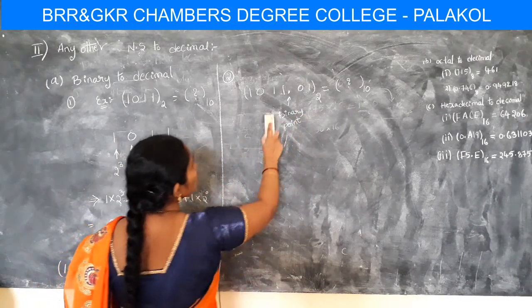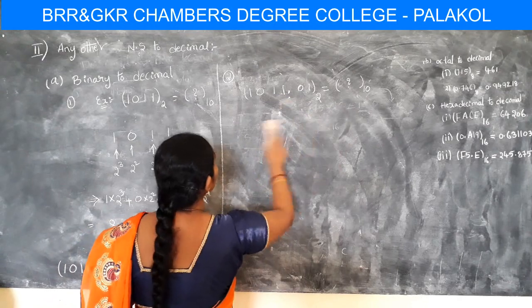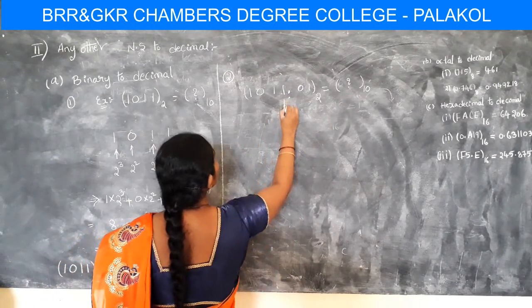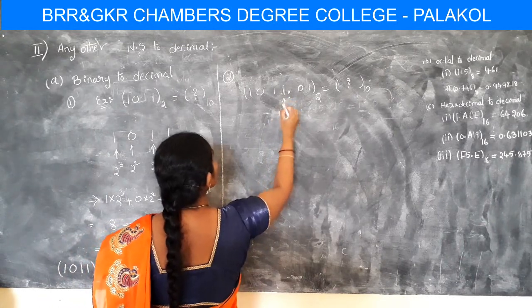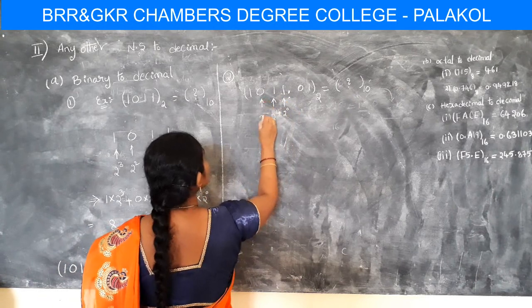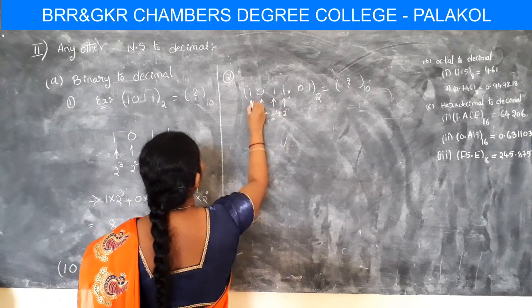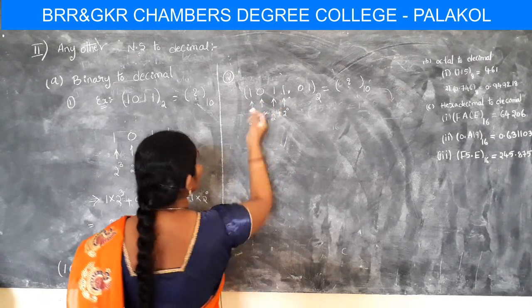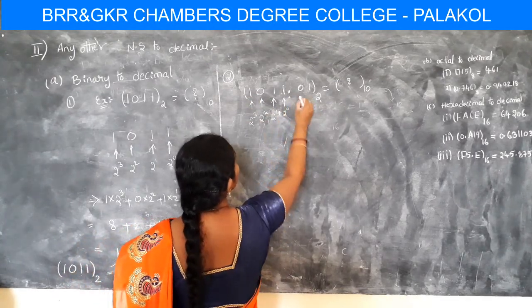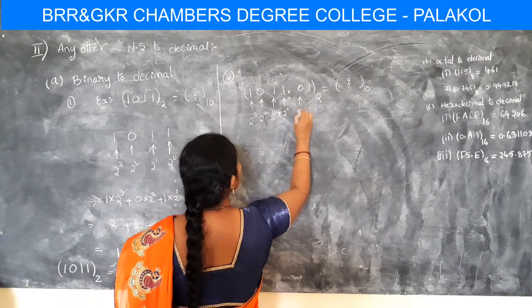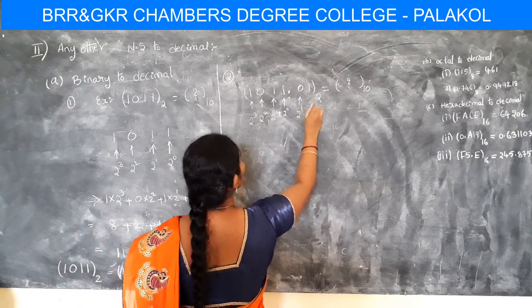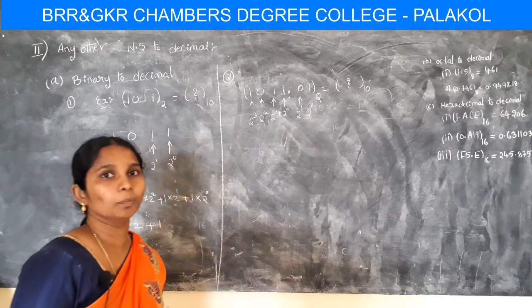So, by using this, how to represent the weights of this number? So, here this is 2 power 0 and this is 2 power 1 and this is 2 square and this is 2 cube. Okay. After the decimal point it will be 2 power minus 1 and 2 power minus 2.